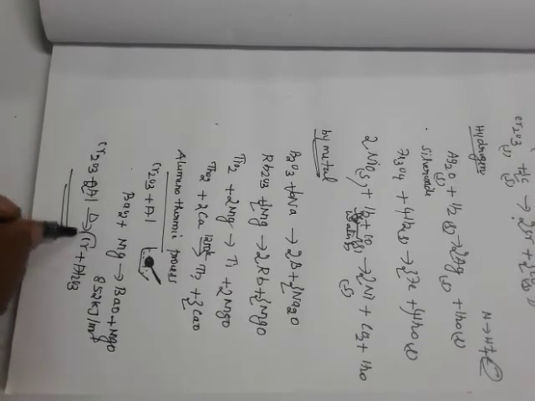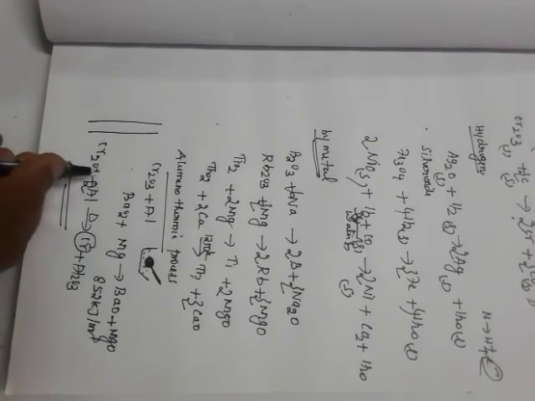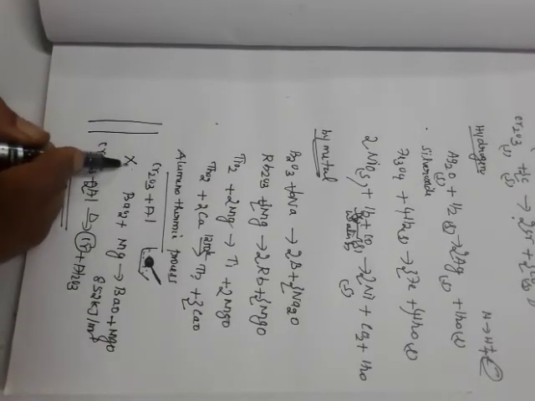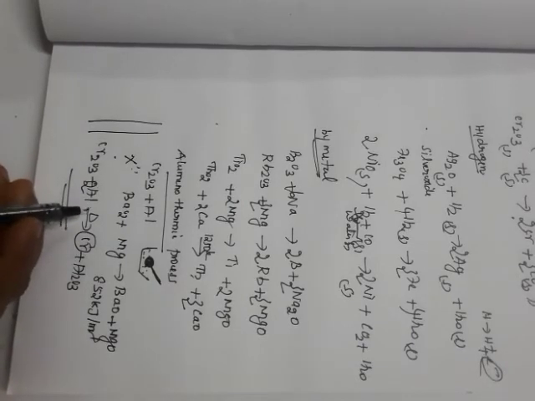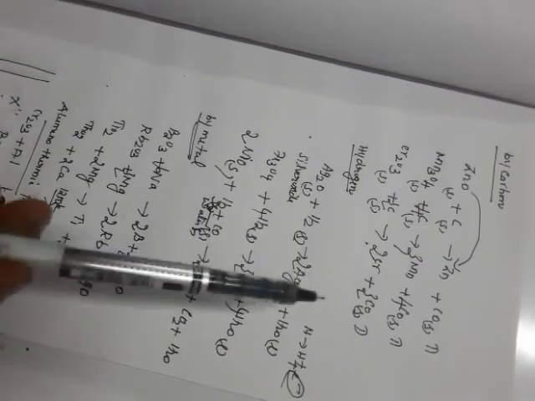So chromium metal is got, and this process is called the aluminothermic process. This is an important process of reduction by a metal. So these are the reduction reactions by carbon, hydrogen, and metal.